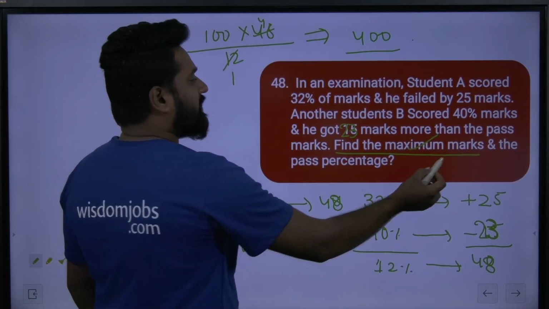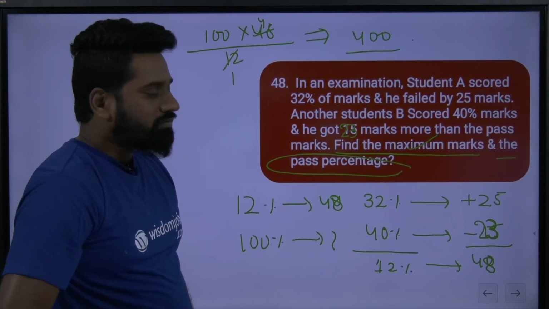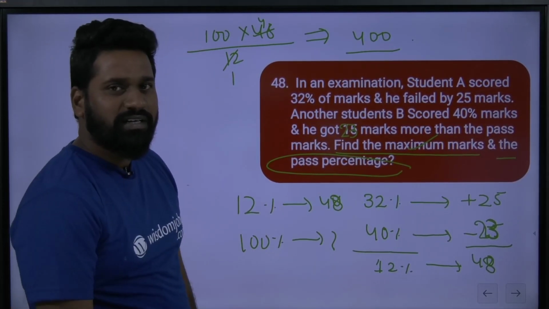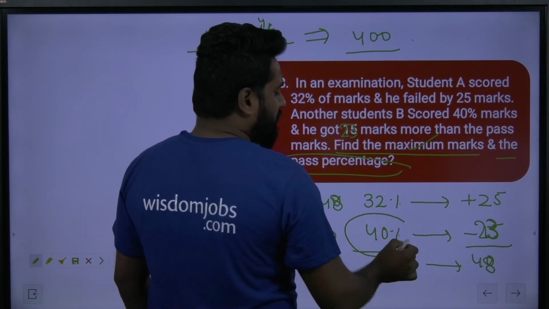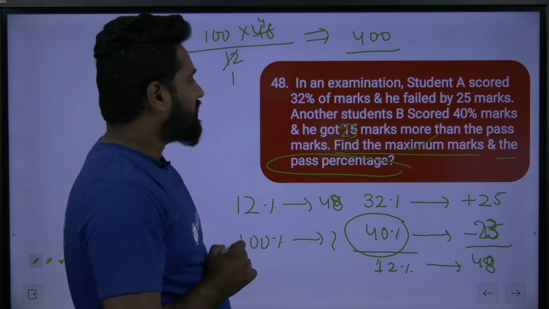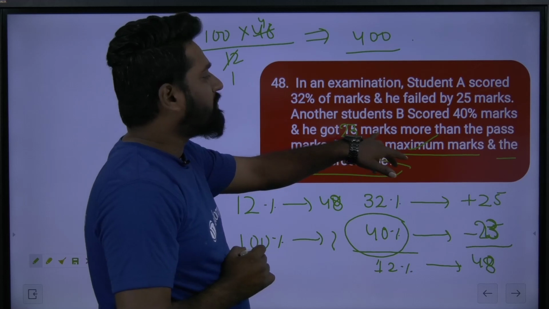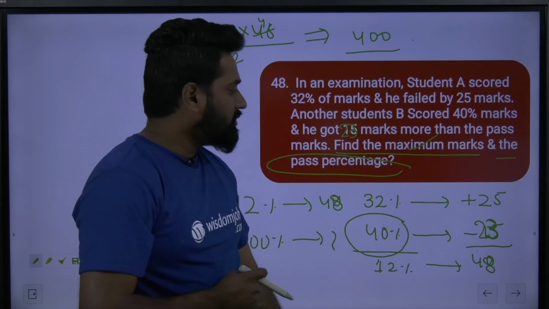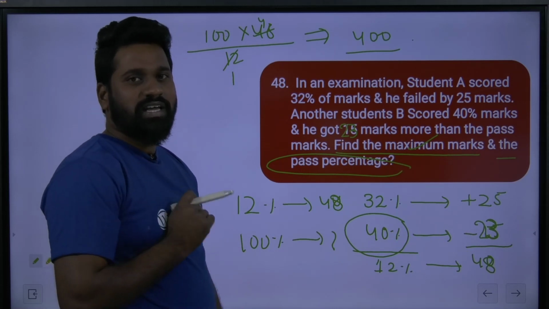And coming to the second one, the pass percentage of the examination. What is the pass percentage here? If you observe clearly, he got 40% of the marks, and he got 23 marks more than the pass is given. So if you subtract the 23, then you will get the pass marks of the examination.